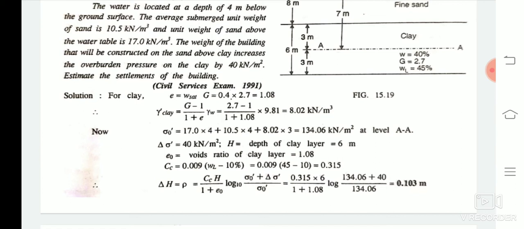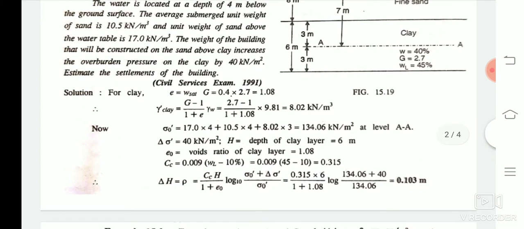Hence we get e = w × G. Here the water content is 40%, so we write 0.4, and specific gravity is 2.7. Hence we get the value as 1.08. So the e value is 1.08.